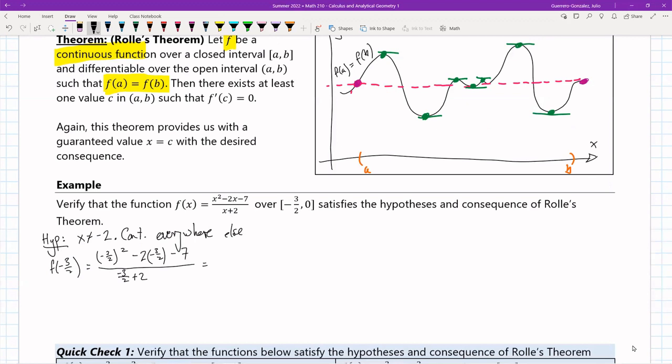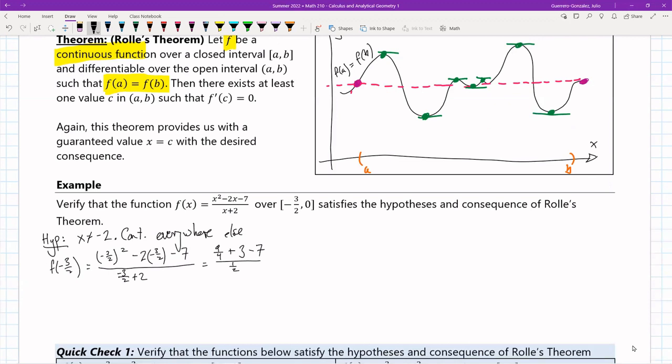Okay, and what we get here is 9/4 plus 3 minus 7, all over, what is that going to be? -3/2 plus 2, so it's going to be a +1/2.